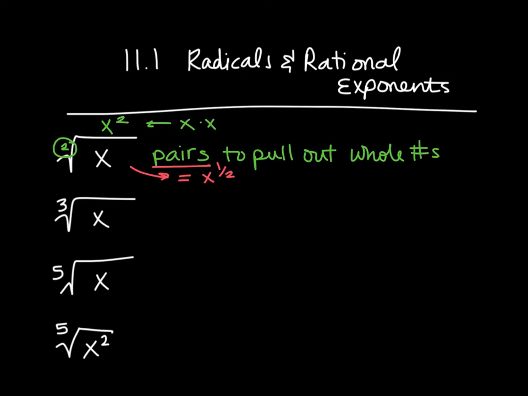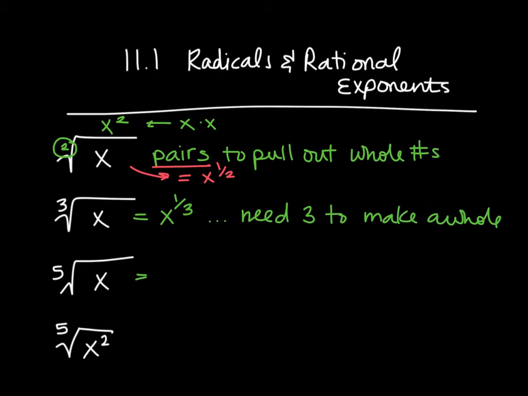If we keep that same pattern going, the cube root of x could be written as x to the 1/3 power. And how many thirds do you need to make a whole? You need 3. So you could say to the 1/3 power, we need 3 to make a whole. All right, keep this same pattern going.